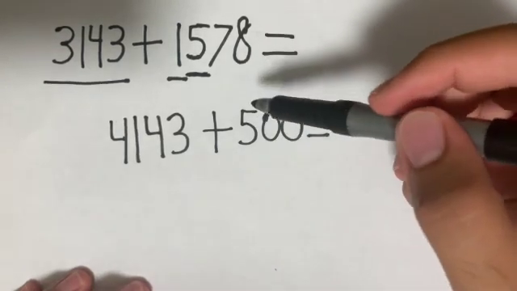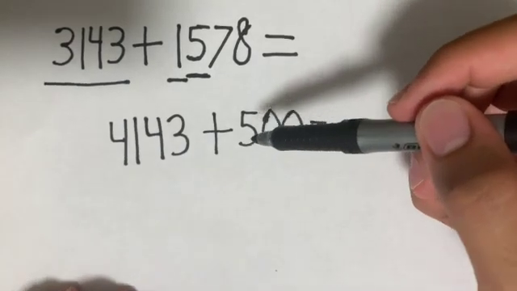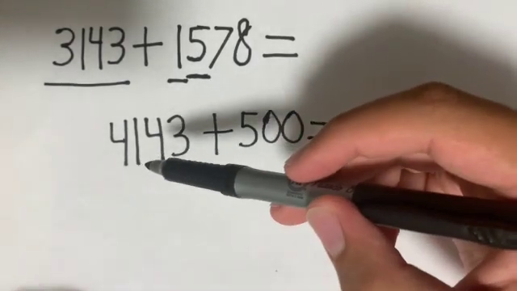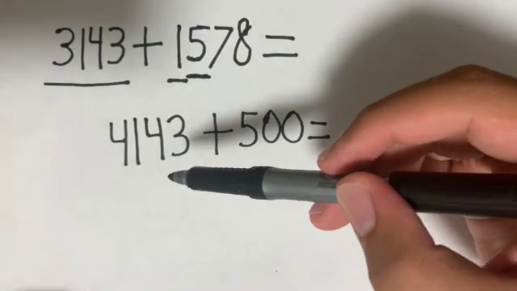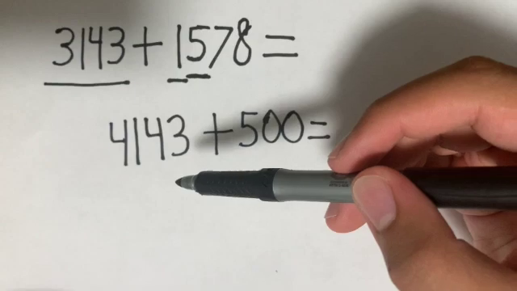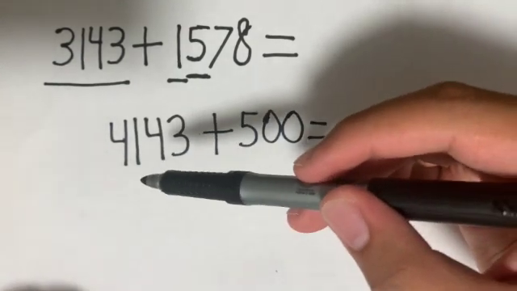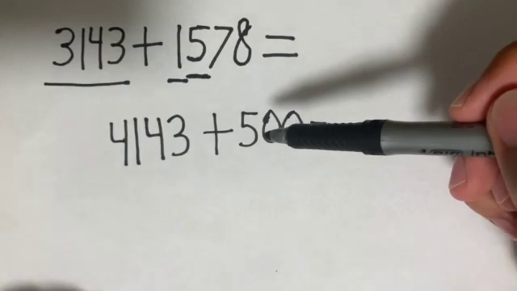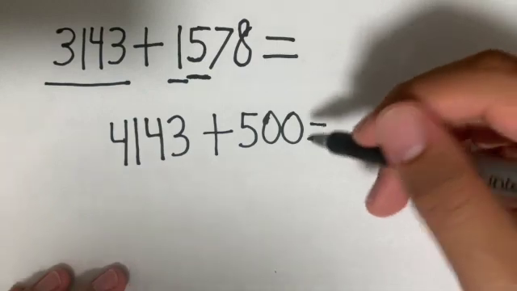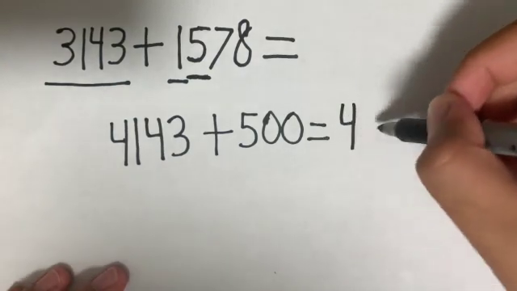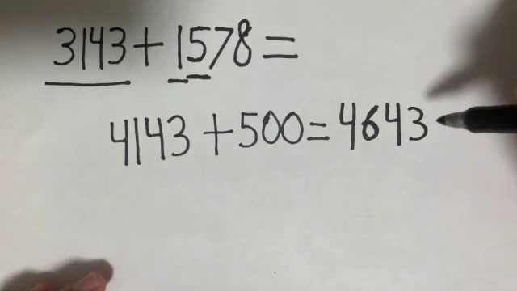To figure this out in your head, you just count the 143: 243, 343, 443, 543, 643. So you just take that 1 and add 5 to it, and that's 6, and then you keep the rest. So 4,643. Okay, we're halfway there.